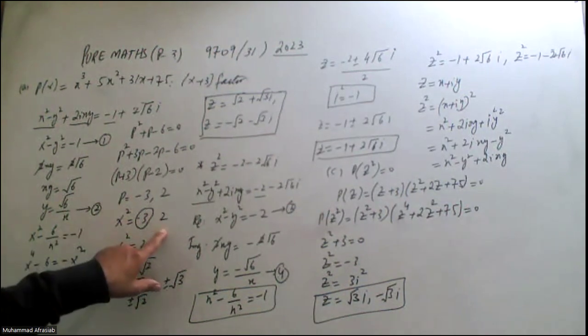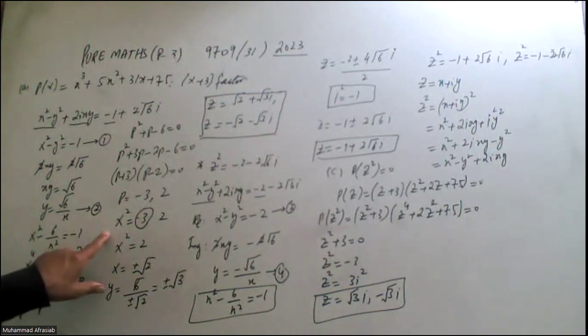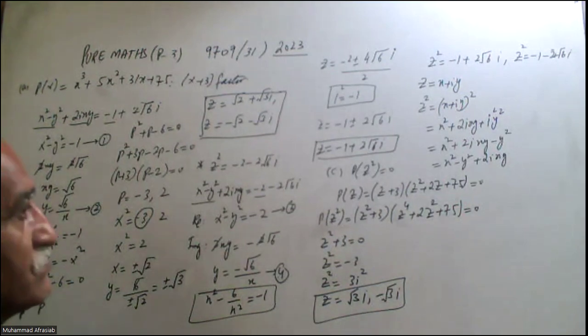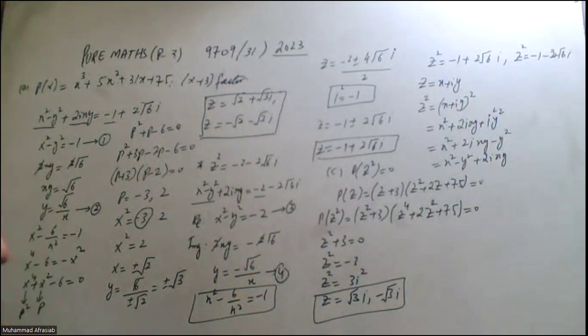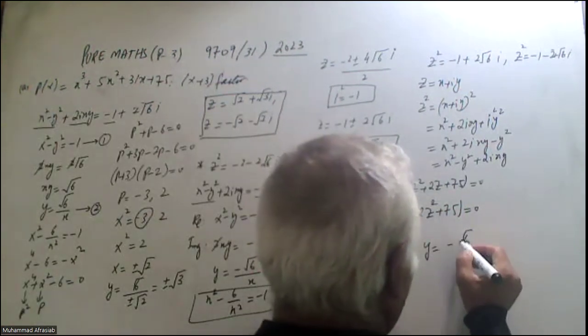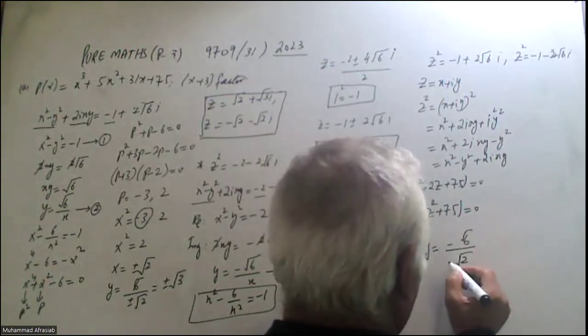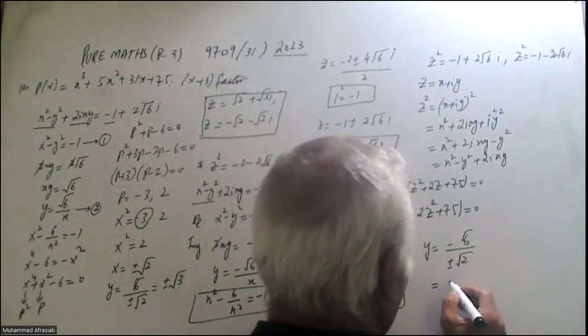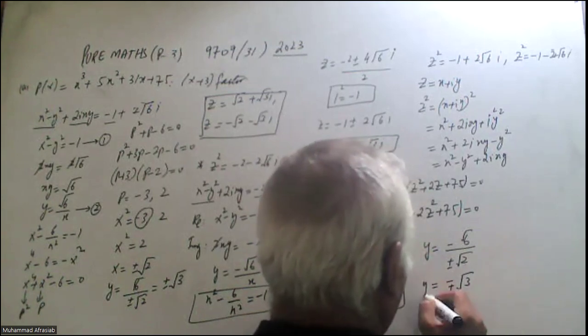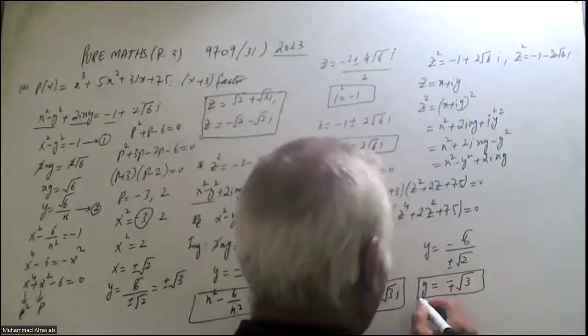So it is having the value of 2 there. x square is equal to 2, then x is equal to plus minus root 2. So y will be equal to minus root 6 over square root of 2 with plus minus. So that is equal to minus plus square root of 3 is the value of y there.